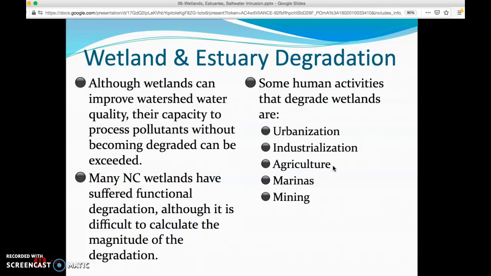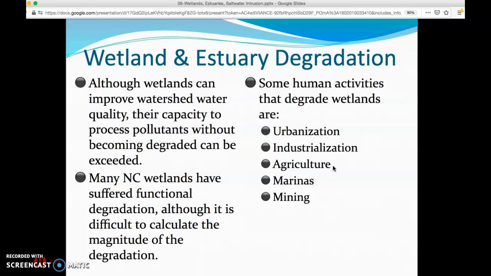Just like with anything, if you are eating a bunch of junk food, no matter how many juice cleanses you do, eventually your body is going to be like, okay, enough, no more junk food. Many NC wetlands have suffered functional degradation, although it's difficult to calculate the magnitude of just how badly we are treating these wetlands.